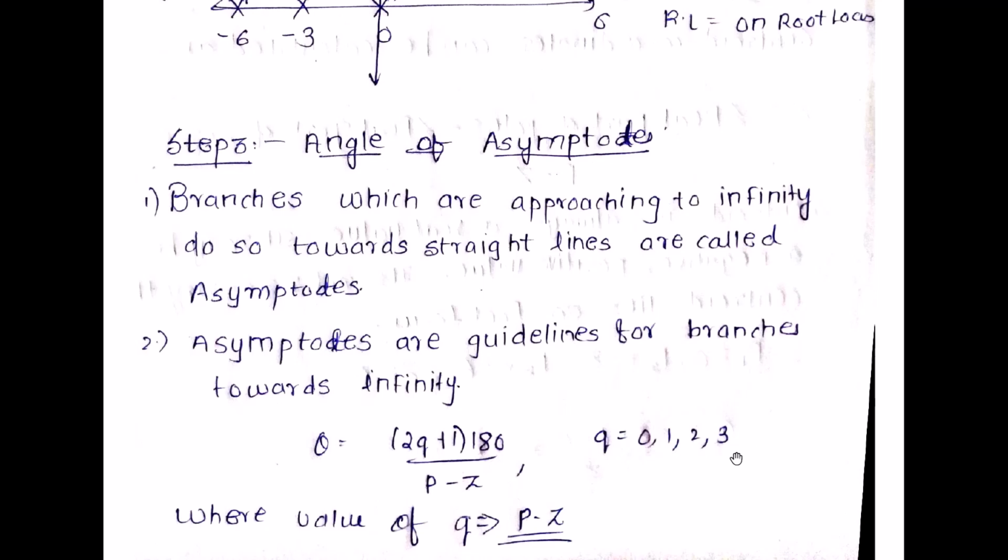I won't be putting 3 because I have only 3 values of q. Theta is (2q plus 1) into 180 degrees upon p minus z. I take the value q as 0, 1, 2, and I get all these 3 angles. I hope I'm very clear with this.